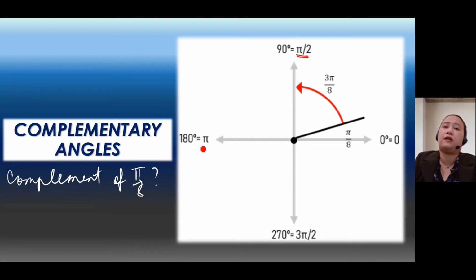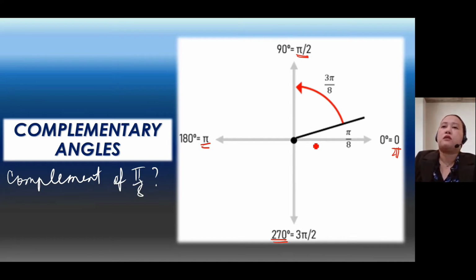Then 180 is pi, 270 degrees is 3 pi over 2, and a full revolution is 2 pi. If you already know the equivalents, it is easy to determine the complement even without graphing, by just merely subtracting. So you may do so.